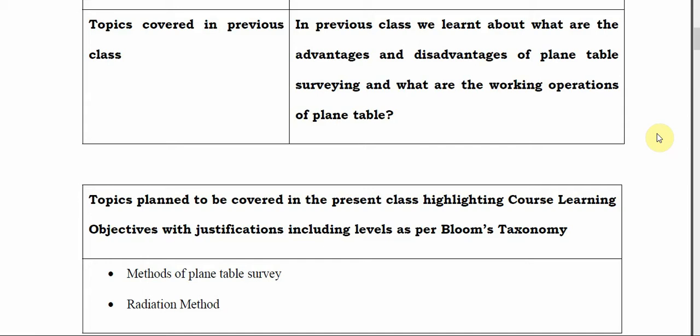Before we go through this, let us see what were the things that we learned in the previous class. In the previous class, we learned about what are the advantages and disadvantages of plane table surveying, and what are the working operations of plane table.